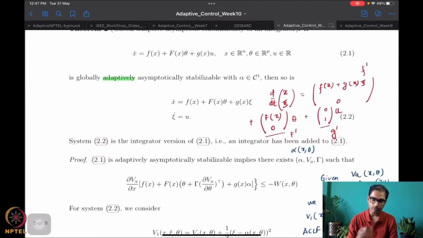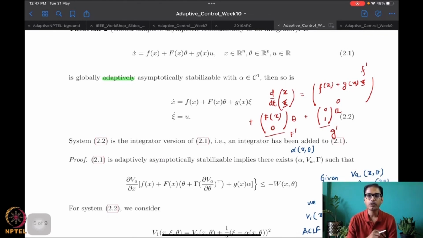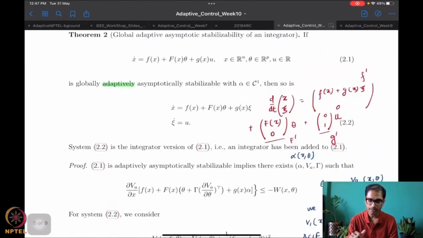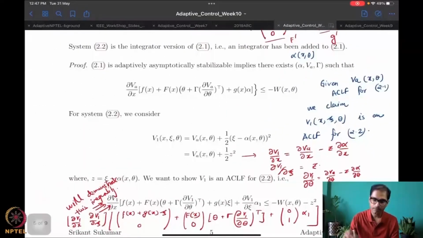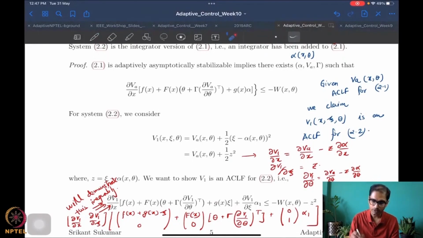Now, we of course had particular methods of doing that. We essentially took the ACLF of system 2.1 and added to it a backstepping error term, right? And that was how we constructed a new control law, and of course we got an adaptation law, and so on and so forth, right?